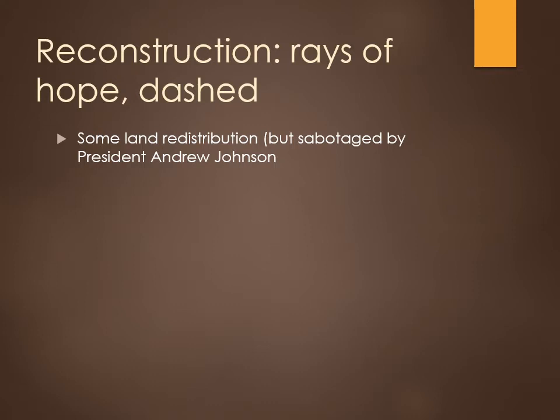But they showed up sometime after the war with deeds, and they were defended by President Andrew Johnson, and a very promising experiment to give their former slaves access to the land was utterly sabotaged by this president. That was one of the horrible consequences of the assassination of Abraham Lincoln.